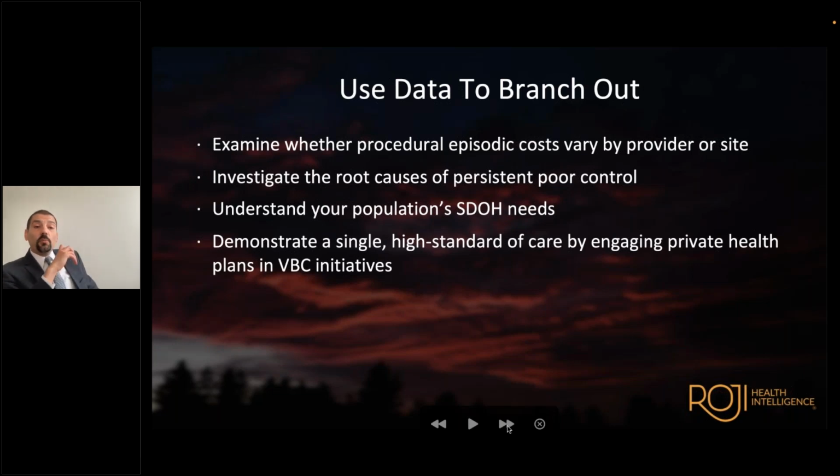And so you will be demonstrating a single high standard of care, and you're going to be able to then engage other private health plans and value-based care initiatives. There isn't any need to stay just in a Medicare ACO. Once you've aggregated your data and you're demonstrating high quality care across the board, you're going to be able to engage other health plans as well.